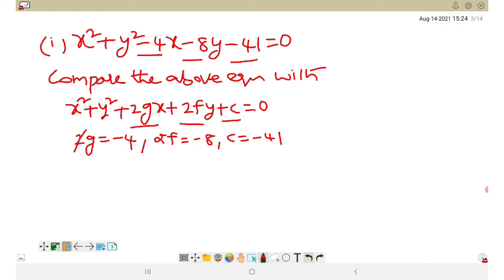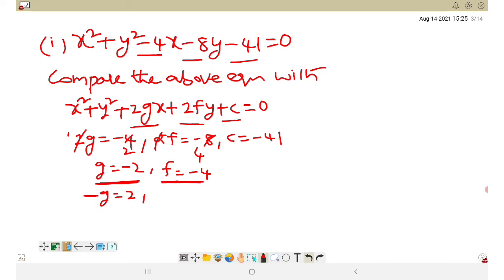So 2 1s are 2, 2 2s are 4, g is equal to minus 2. 2 4s are 8, f is equal to minus 4. Now multiply by minus on both sides: minus g is equal to plus 2, and minus f is equal to minus into minus 4, plus 4.